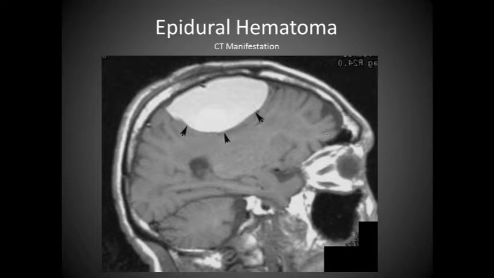Here's an MRI, and you can see this large distended area here. Notice that we're slightly up on the parietal area, so this is going to be parietal, and we really don't see any thickening of the scalp here to really suggest that maybe this is where the trauma actually happened.